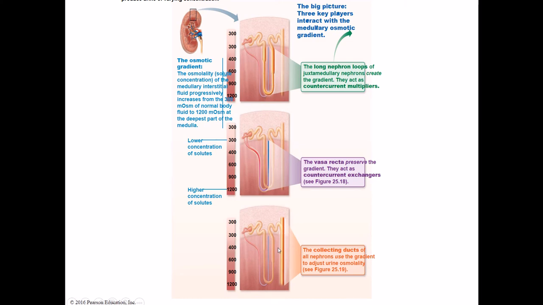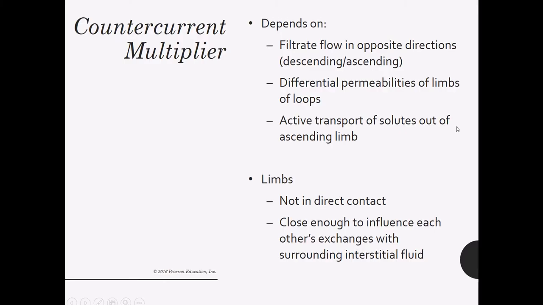And then the collecting ducts use this gradient to change the osmolality, the concentration, of our urine. So let's look at the multiplier first.